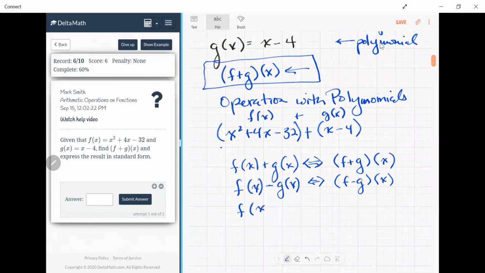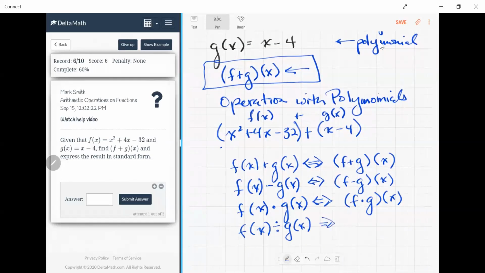So you get f of x times g of x, and that means the same as f times g of x. All right, and then lastly, our last operation is division. We could write this as f of x divided by g of x, and we would see that written as f divided by g of x.